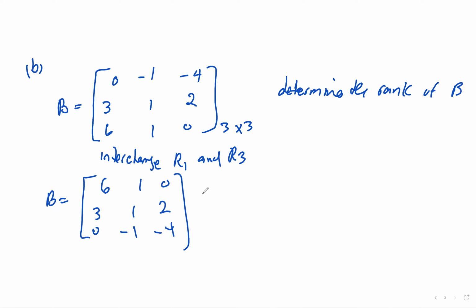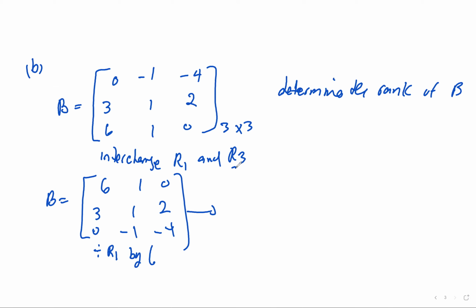And therefore, the easy thing we can do is to divide this entire row by 6. So divide row 1 by 6.